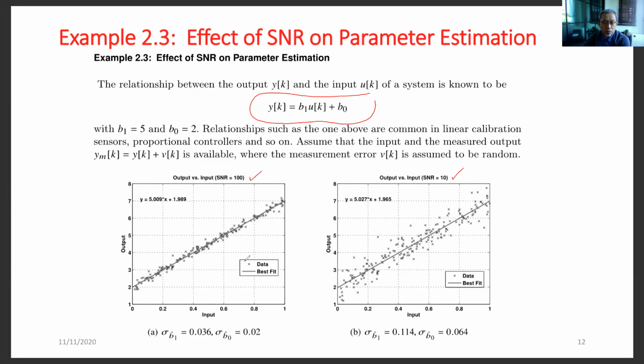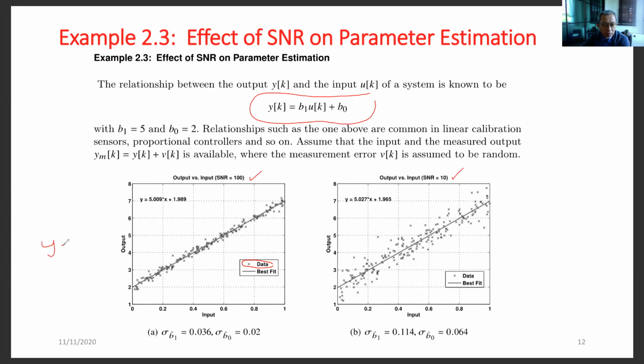We look at the left, where the cross sign in the legend is the data. You have lots of data here, the output and the input captured together, so we plot it. And the straight line is the best fit to the data that has been given.